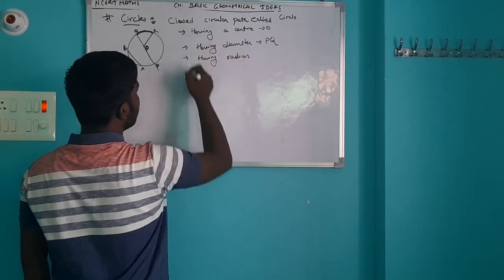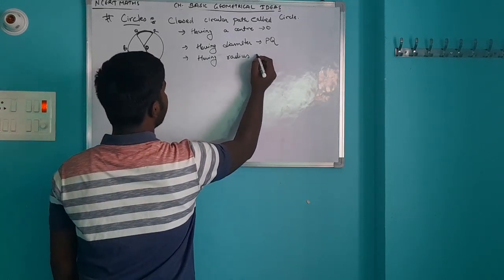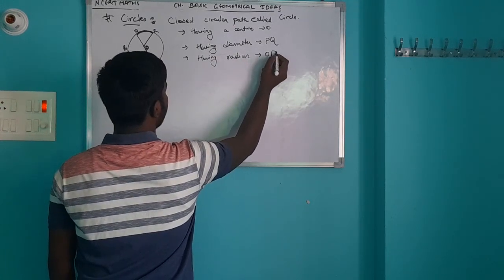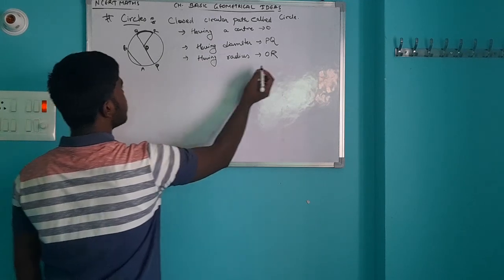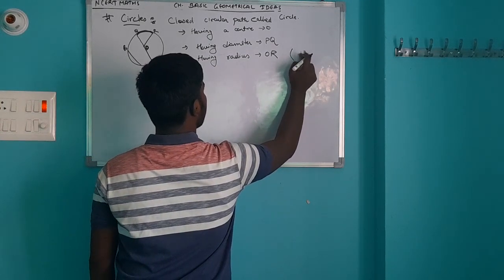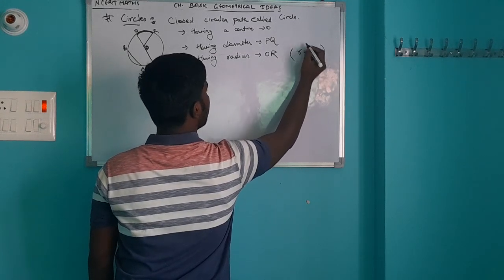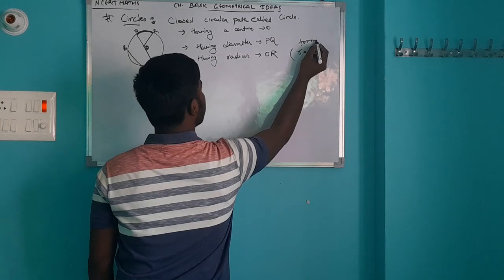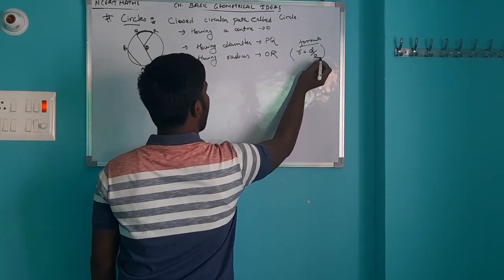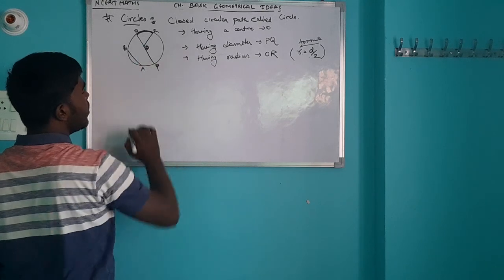So these are the several parts which a circle consists of. Having radius OR. The radius is basically half of the diameter. This is the formula also. So the radius is half of the diameter. So here OR is the radius.